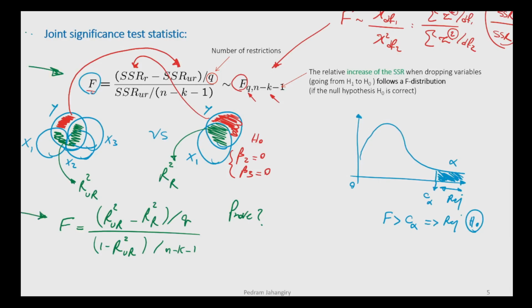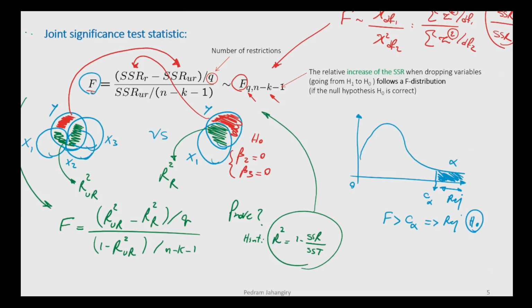Okay. And hint, you should start from the definition of r squared. So you can think of r squared as 1 minus SSR divided by SST. Open it up and then see if we can use SSRs here, plug it here, and get back to this equation. Okay. All right.